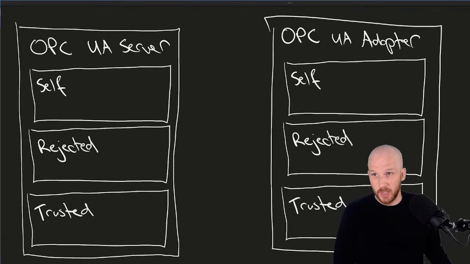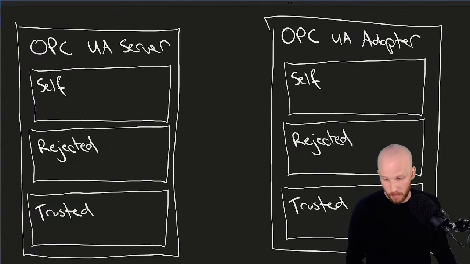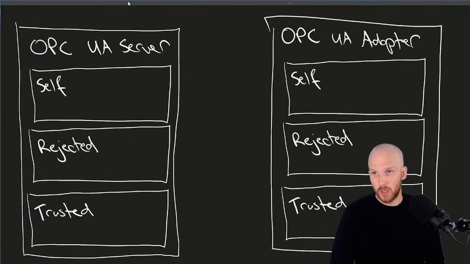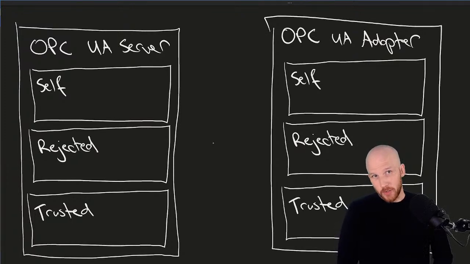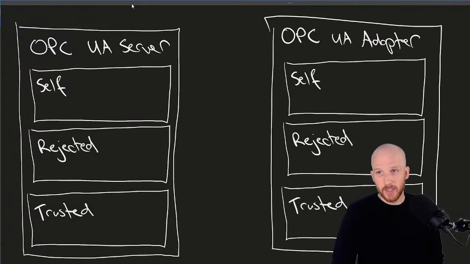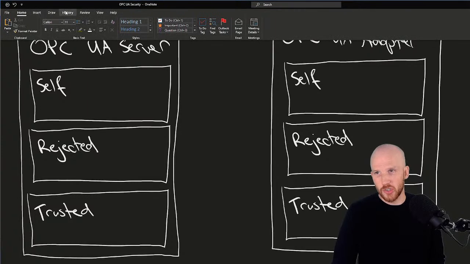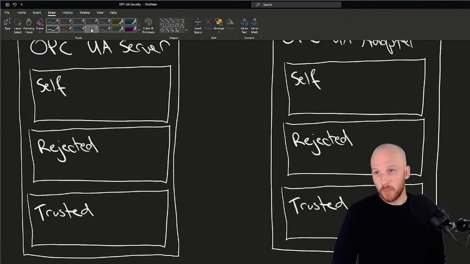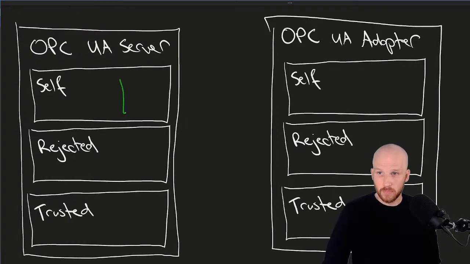So how does OPC UA security work? Here's two little objects. We have our OPC UA server on the left. We have the OPC UA adapter on the right. And they have these three little storage locations for certificates. Our OPC UA server, here's its certificate.